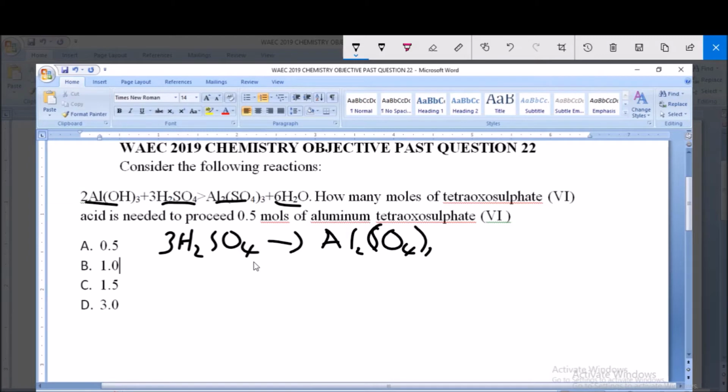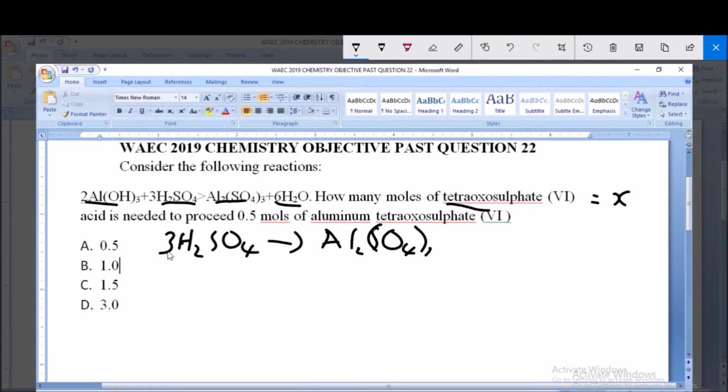So the question asks, how many moles of tetraoxosulfate VI acid is required to produce 0.5 moles of aluminium tetraoxosulfate VI? So let's call that number of moles of tetraoxosulfate VI acid required X. Let's call it X, which is our unknown number of moles.